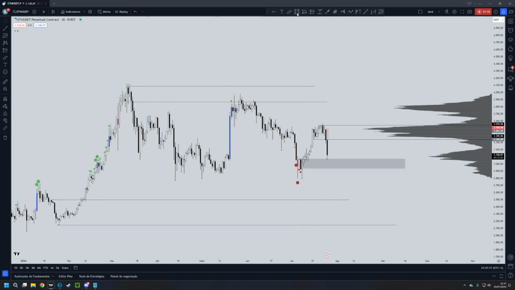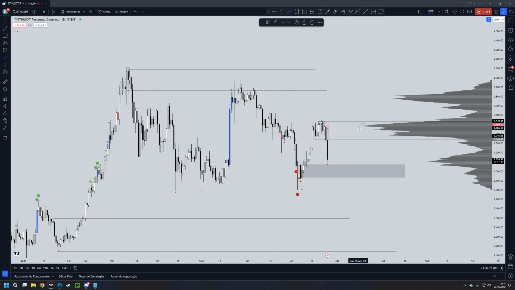right? So I just want to know the zone I want to do business in, right? And if we look closely, we have this high volume node, right? So if the volume node is like this, let me just draw this, and price comes back here, often this will play as resistance.